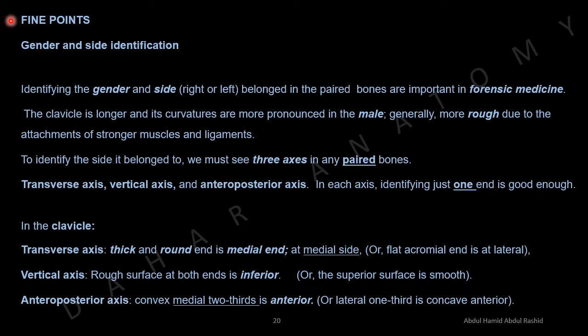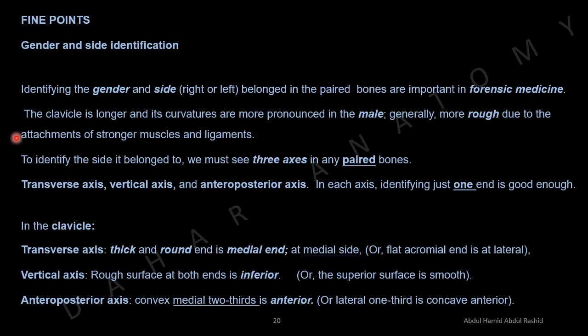Fine points. Gender and side identification. Identifying the gender and side, that is right or left, to which a paired bone belonged is important in forensic medicine. The clavicle is longer and its curvatures are more pronounced in the male, and it is generally rougher due to the attachments of stronger muscles and ligaments.